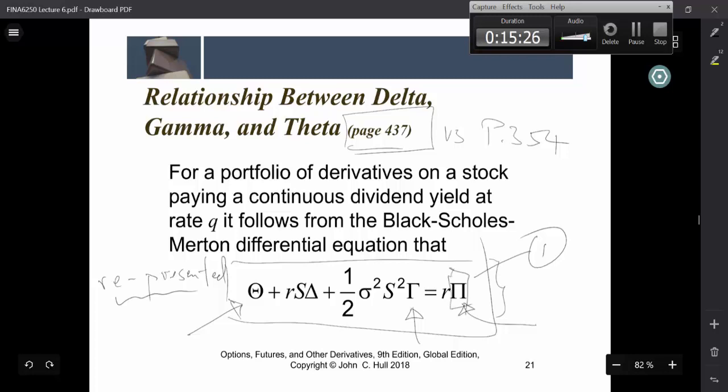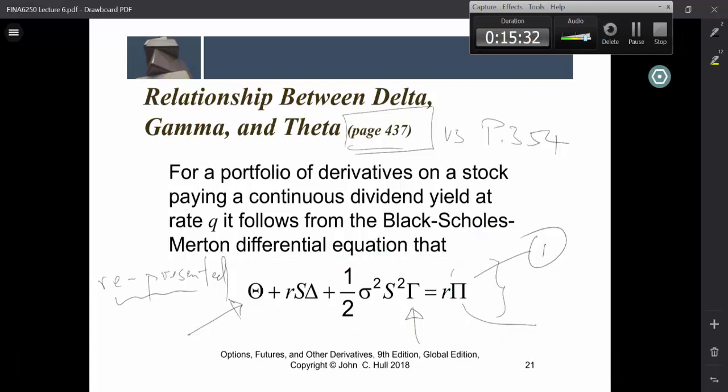So I don't blame students for getting confused, but when you study this carefully, this is exactly the same formula. So there's theta here, there is r and s and delta plus a half sigma square s square. This is theta, gamma, but this is the capital form. So capital gamma is like this. The lowercase gamma is like this, but it's gamma, okay?